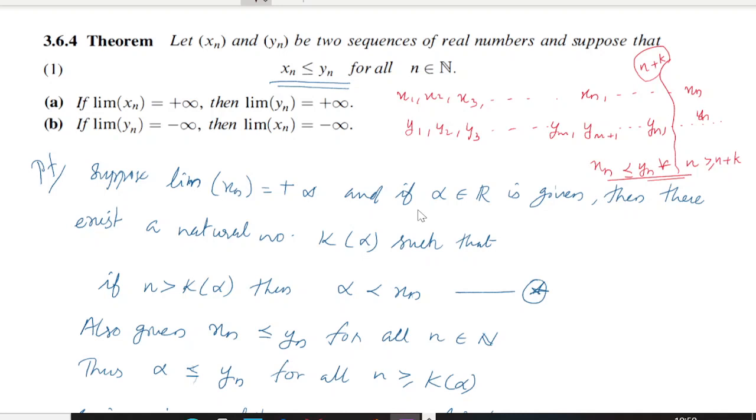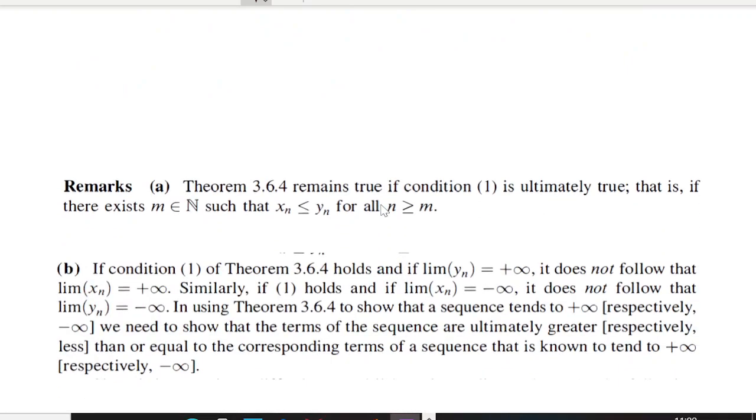Can you follow? So after a particular stage, here it is given that xn less than or equal to yn for all n belongs to N. Even if this is not the case, but after a certain stage we are getting this inequality, then also we can apply this theorem. So we will note here as a remark: Theorem 3.6.14 remains true if condition 1 is ultimately true.